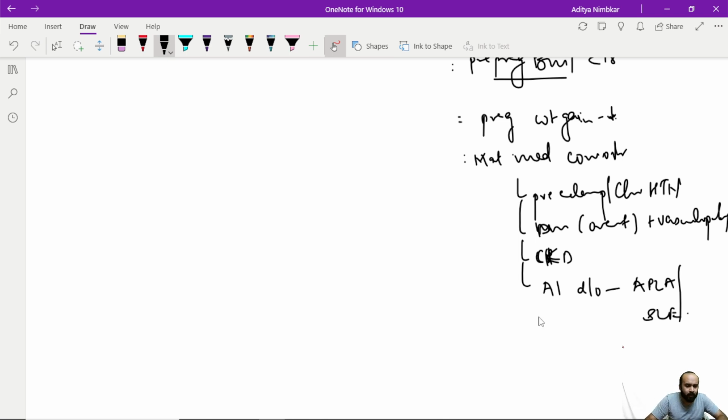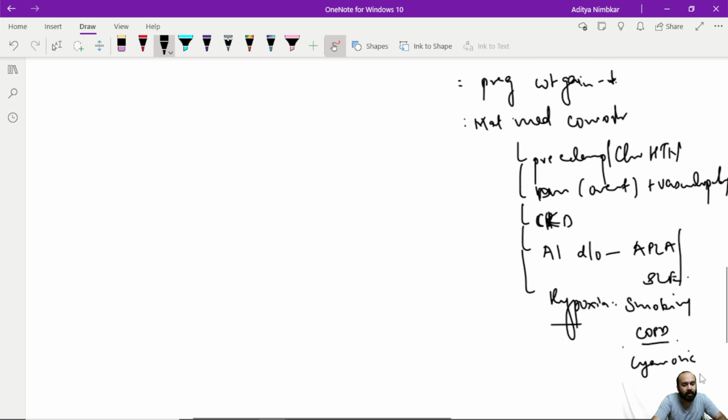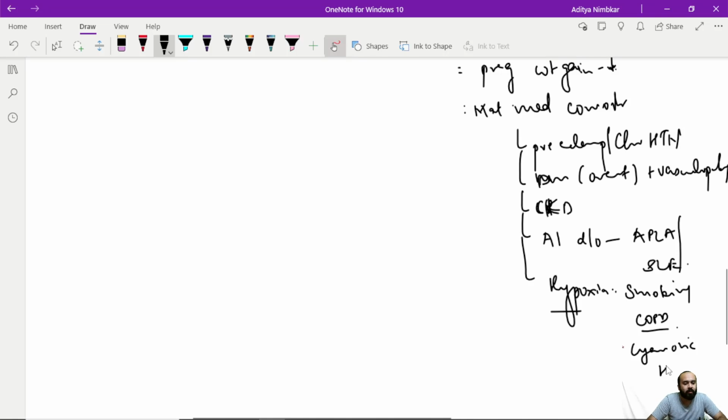Apart from that, if the mother has any high risk factors for hypoxia. What hypoxia am I talking about over here? I'm talking about any chronic smoking, or if the mother, because of smoking, now has developed COPD. So anything that leads to chronic hypoxia in the fetus, or cyanotic heart disease like tetralogy of Fallot or transposition of great arteries. So cyanotic heart disease.